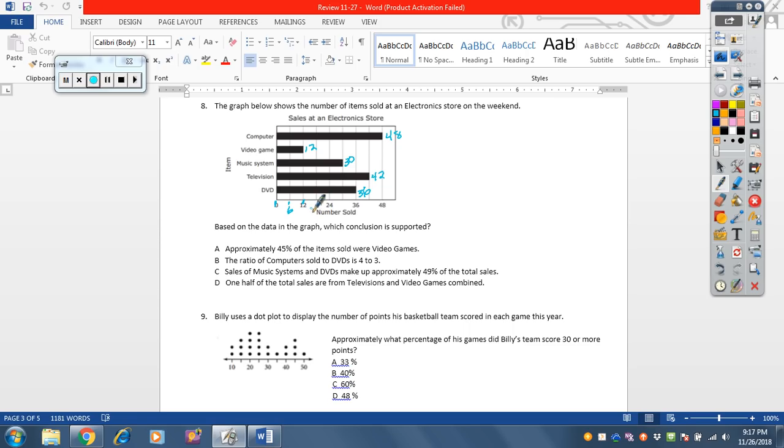So each line is 6. So 0, 6, 12, 18, 24, 30, 36, 42. If that doesn't make a ton of sense to you, let me know. So it says, based on the data in the graph, which conclusion is supported? Supported means true.